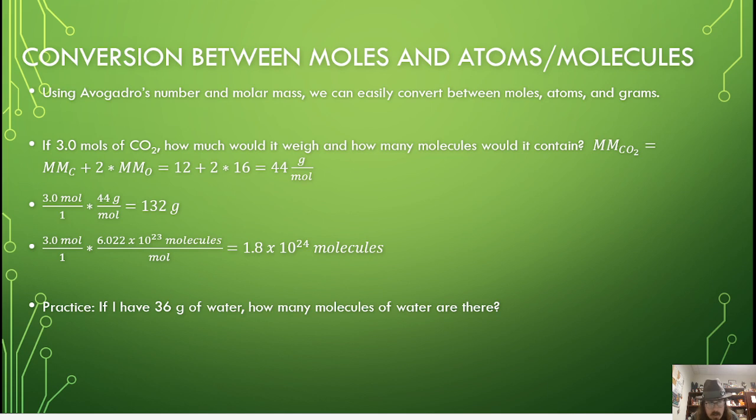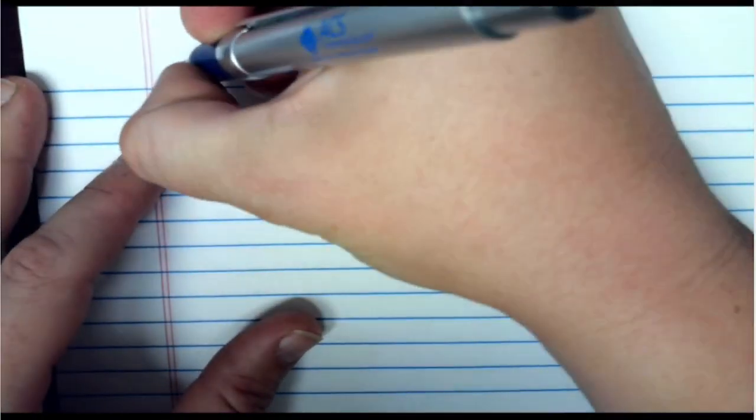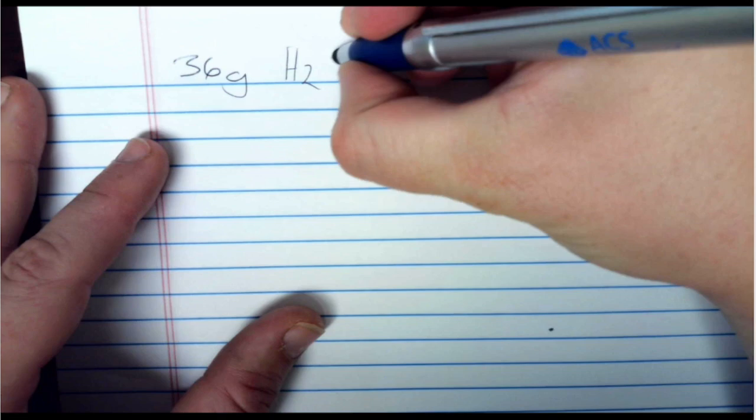So real quick practice. If I have 36 grams of water, how many molecules of water must there be? Let's look at that real quick. So, 36 grams of H2O.